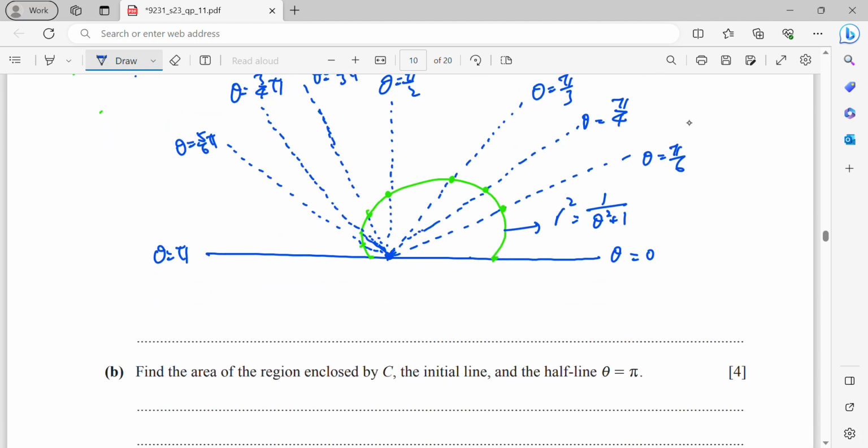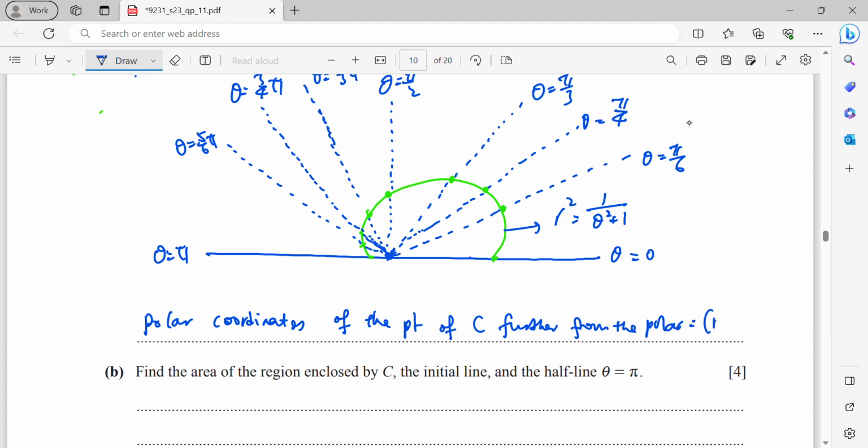So now, the polar coordinates of the point of C furthest from the pole equals to r theta. So the r is 1 when the theta is 0. Right?